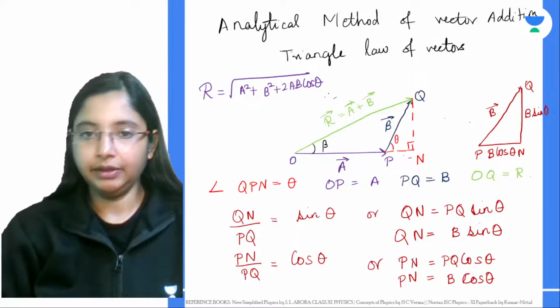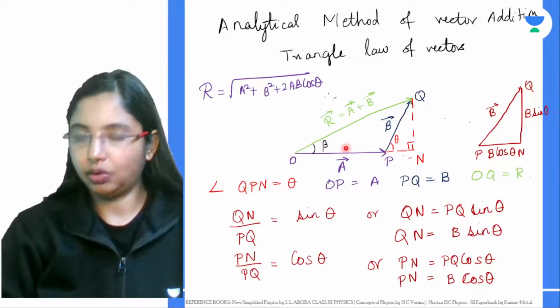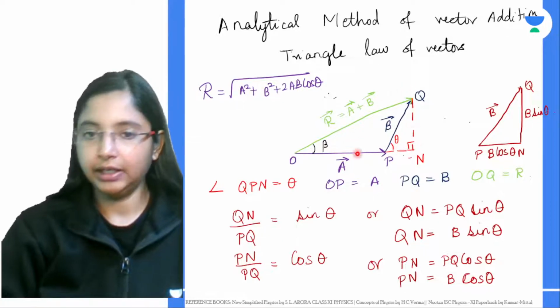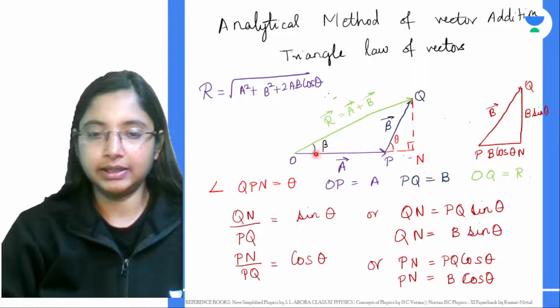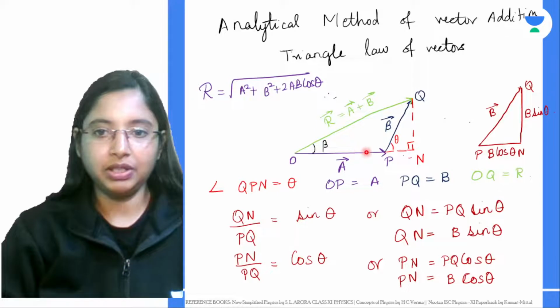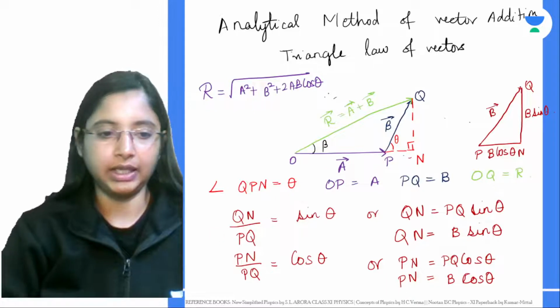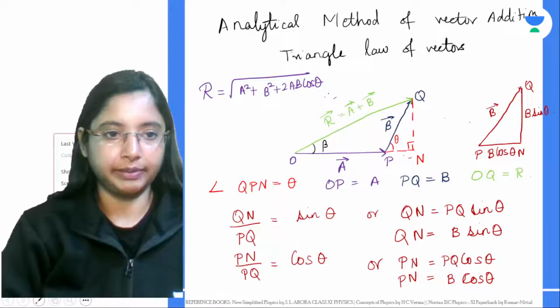Let's say this R vector makes an angle beta with the direction of A. Then you have this triangle OQN. From this right angle triangle ONQ, this value over here, we can actually say, let me just do that again separately.